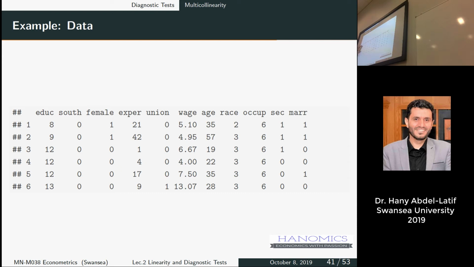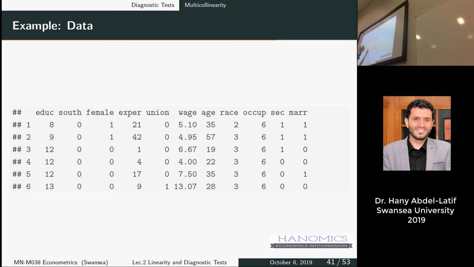So this individual, number 1, has 8 years of education, this one has 9, 12, etc. This is a dummy variable for whether they live in the south or not, so 0 means they don't live in the south. Female: if it's 1, the person is a female, and if it's 0, the person is male.